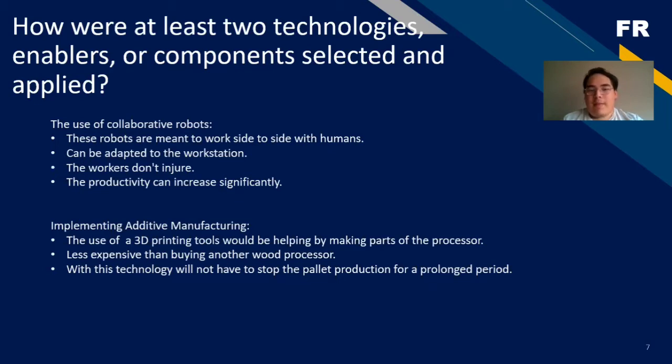Implementing additive manufacturing, the use of 3D printing tools will help by making parts of the processor that are no longer working and replacing them momentarily with 3D printing, in this case so as not to endanger the production of the processor. 3D printing can help to make many parts that have been damaged.